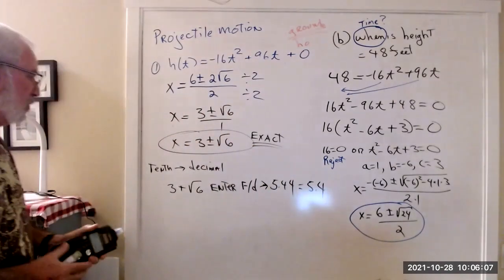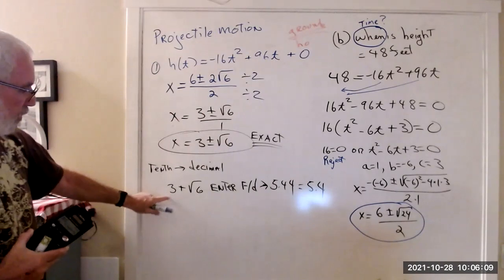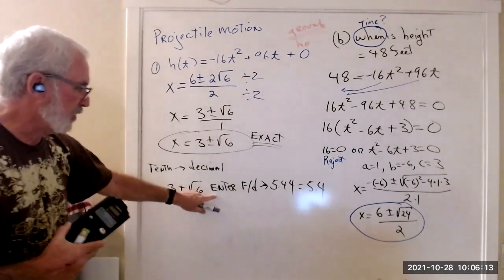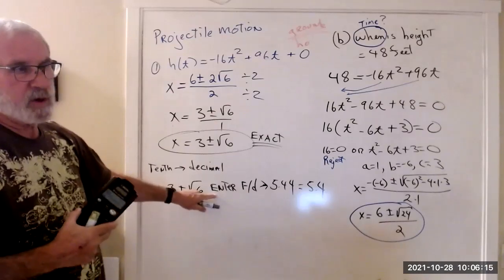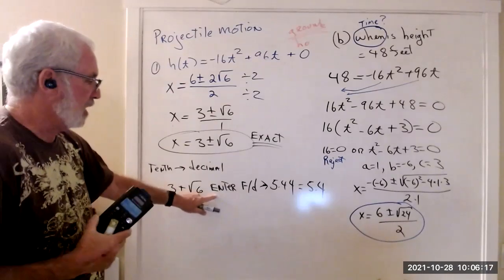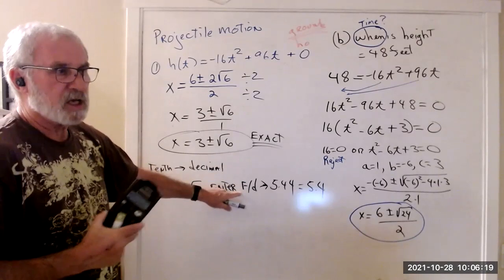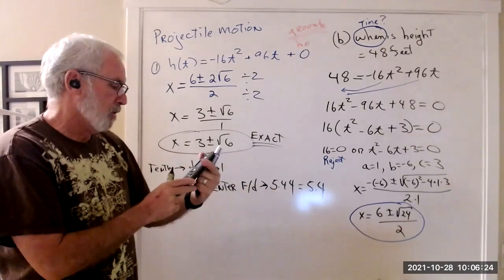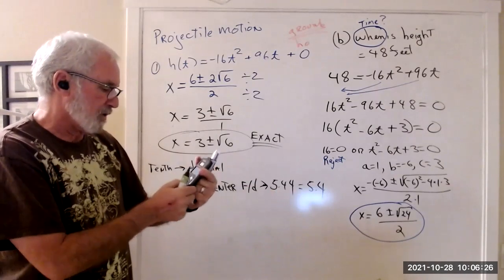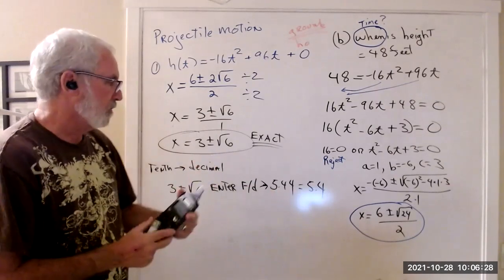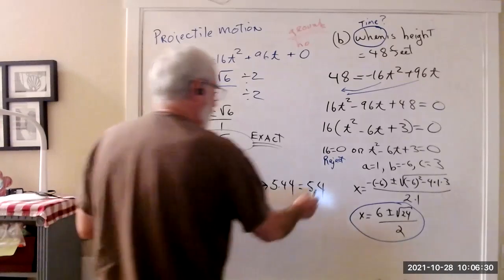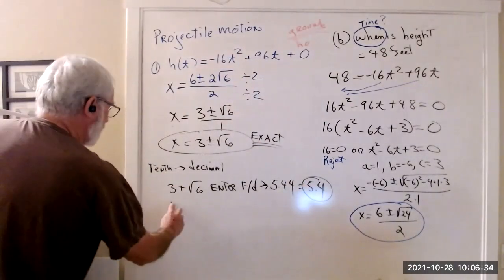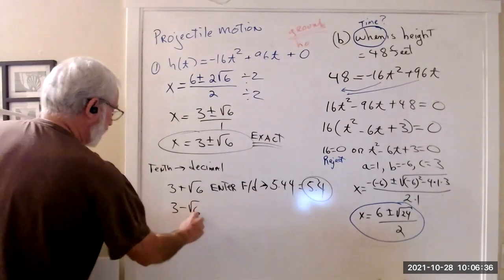Were you guys able to convert 3 plus radical 6? Enter. It put on the screen 3 plus radical 6 again, which is dumb, but you press the FD key and it converts it to decimal. 5.44, who knows, 94, something, whatever. But round to the nearest tenth. Can you convert 3 minus the square root of 6?